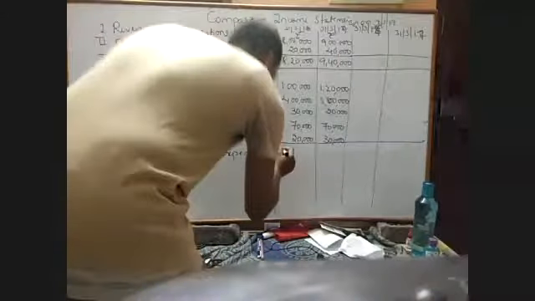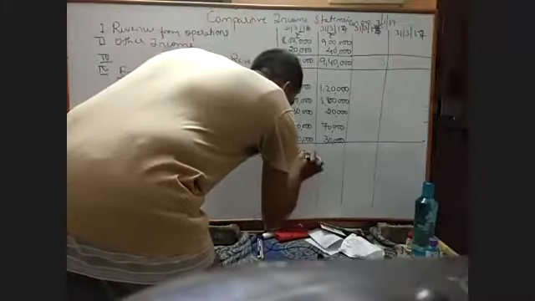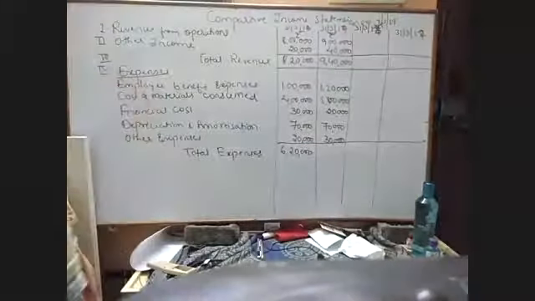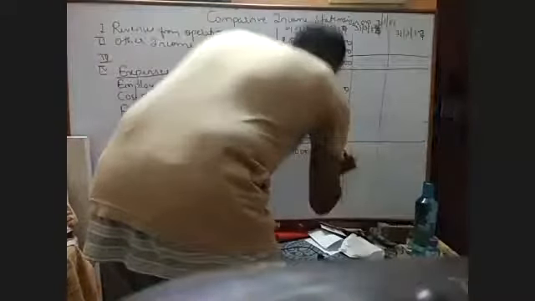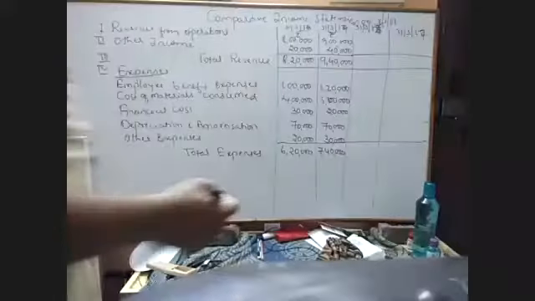And the next one is 7 lakh 40,000. Okay, 7 lakh 40,000. Exactly, is it equal?